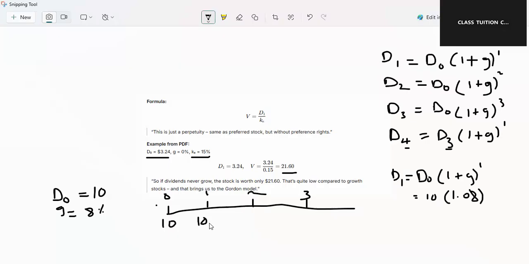Now mathematically, you can be multiplying the subsequent years times 1.08, since this is 8%, the easiest way. Just multiply by 1.08 to get the next answer. If it was 12%, you'd have been multiplying by 1.12.